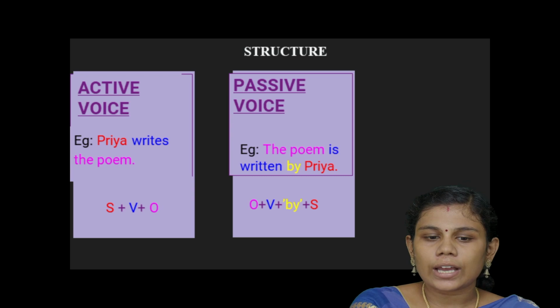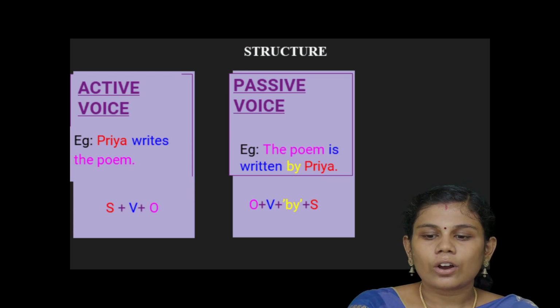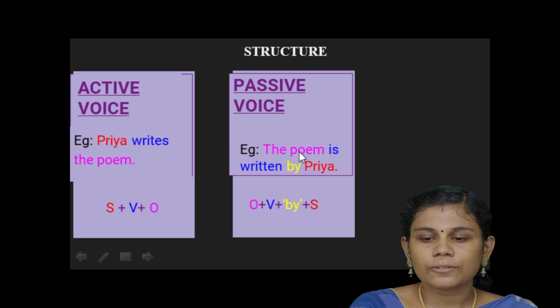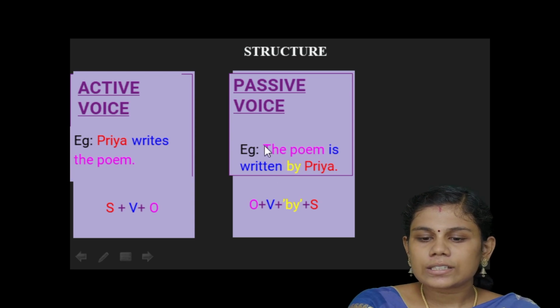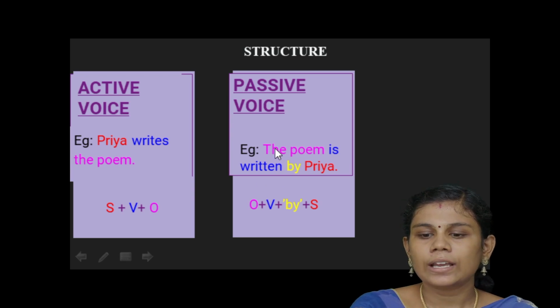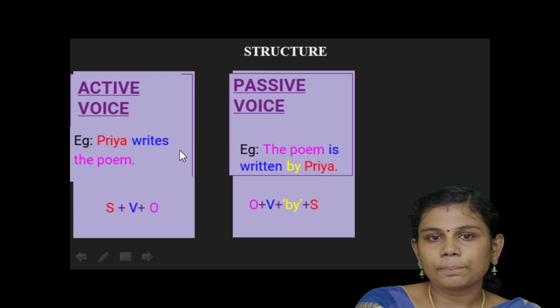When we change active voice into passive voice, it changes like this. The object comes first. That means it takes the place of the subject. The poem will come first, and the subject will go to the place of the object. So this swap will take place. Next is written. Here the verb in active voice is in the simple present tense.